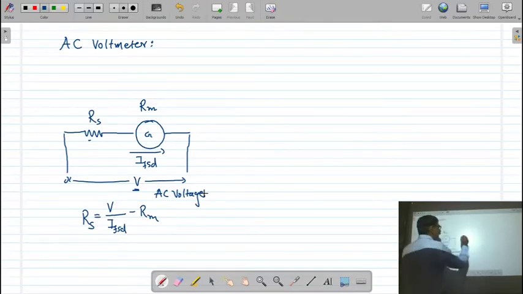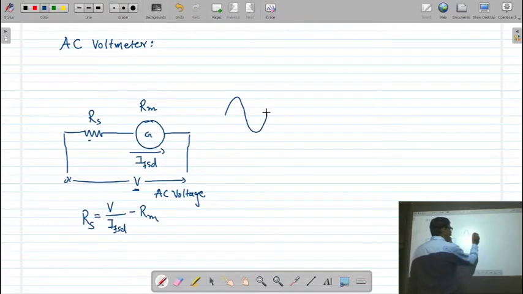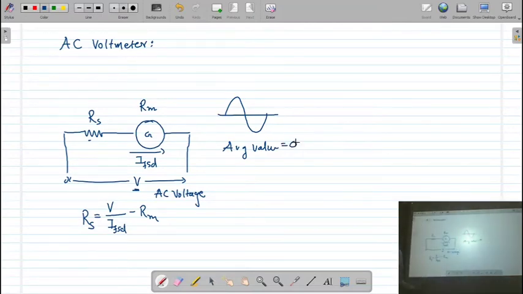And if we have a sine wave like this, then the average value of the sine wave is always 0. Therefore, when we apply an AC voltage directly to the galvanometer or a DC voltmeter, it indicates 0. And why does it indicate 0?